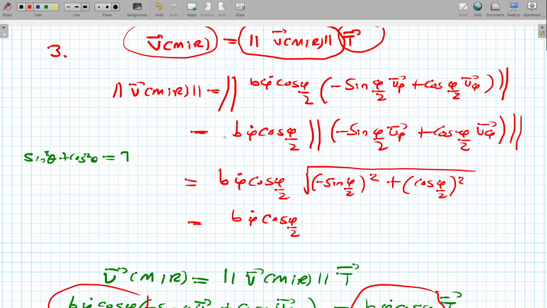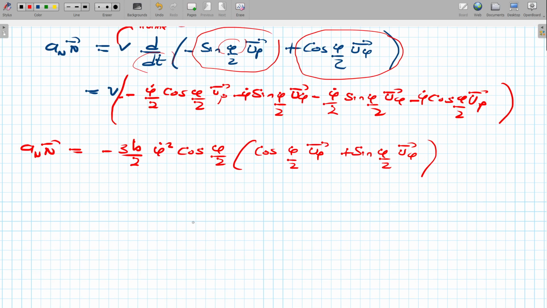You multiply it with this phi point that we have here, and you get the phi point squared. Then check for any other common terms and simplifications. I'm sure this minus 3 divided by 2 is common, because you simplify this item and this item here. So you see that you get exactly what we have here.